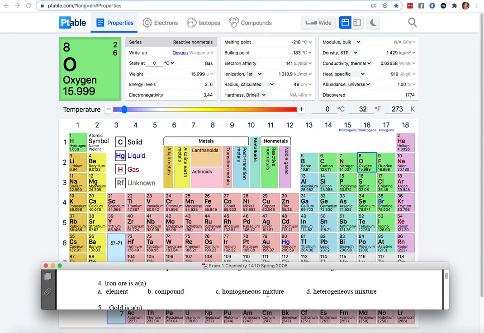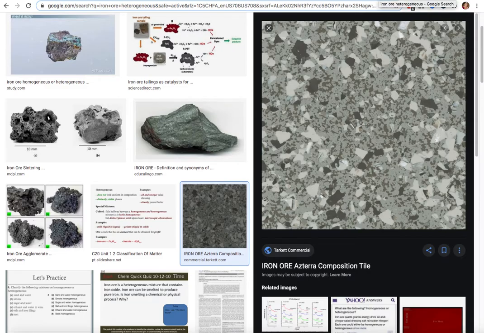And then you need to know if it's a homogeneous or a heterogeneous mixture. Again, that requires you to know something about ores in general. And as far as I can tell, all ores are heterogeneous mixtures. And here's an example. I just did a Google Images search on iron ore. In this image, you can see the different parts that go into it. If it was homogeneous, it would be all one color.